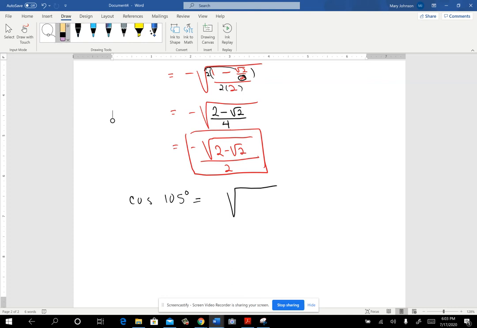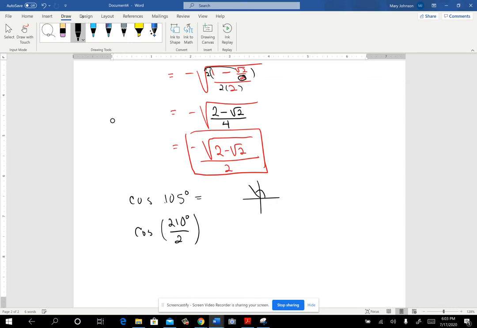Let me go down one more step before I do that. We're going to wind up using a half-angle formula. So let's first think about how 105 degrees is 210 divided by 2. Okay. All right, but think about the 105 for just a minute. That angle, again, is in the second quadrant.